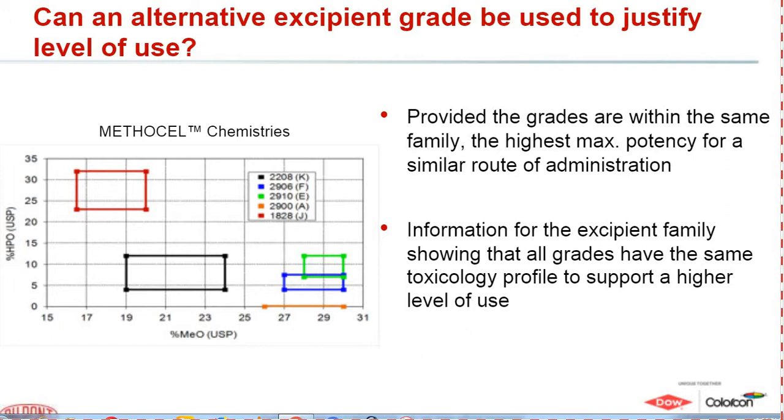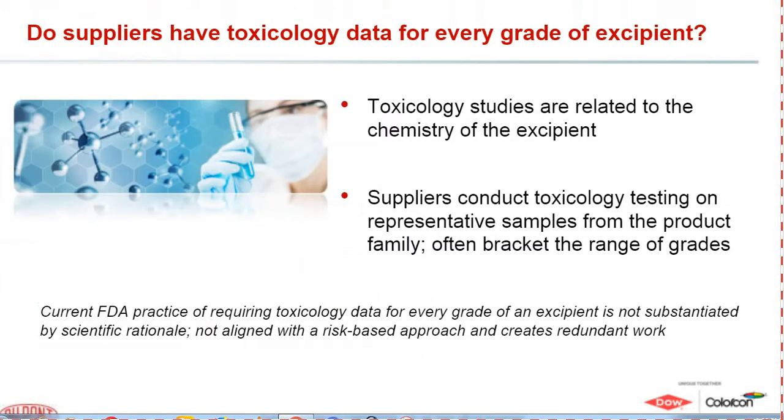The supplier should be able to provide the information for the excipient family, demonstrating that all of these grades have the same tox profile to support a higher level of use. But we often find that the FDA is asking about specific toxicology for specific grades of excipients.